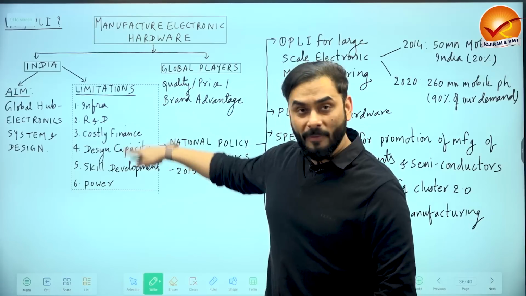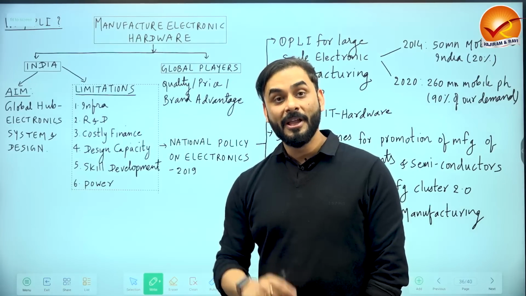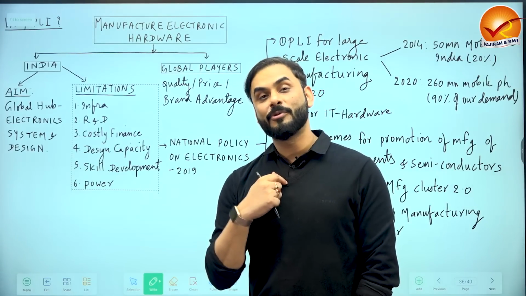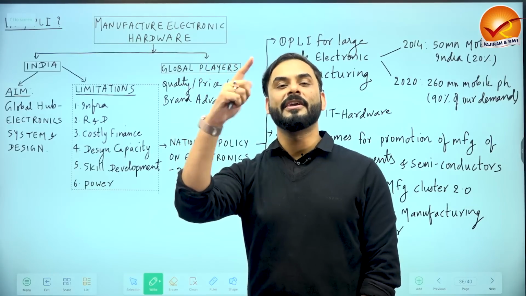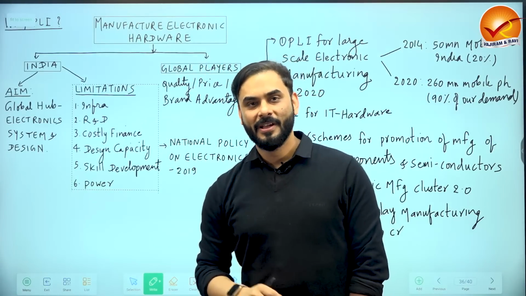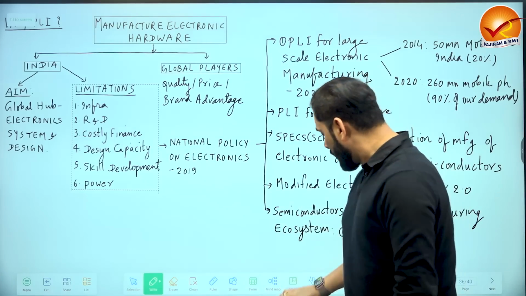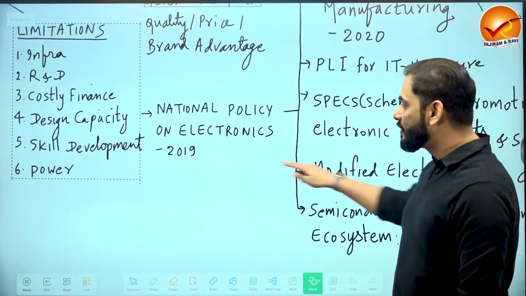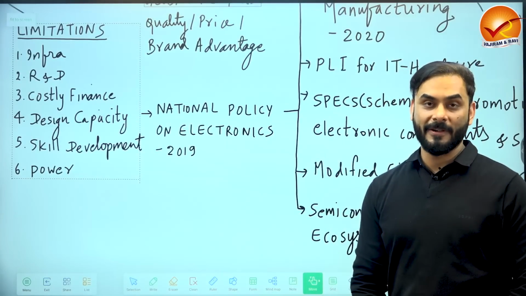But if you look at the problems faced by India, because of these structural and infrastructure problems, the quality of our electronic products is not very superior, it's low, and our prices are high. So we could not become a globally competitive electronic industry. Government of India tried to improve it. What did they do? They created a plan called the National Policy on Electronics 2019. This is the plan the Government of India created.